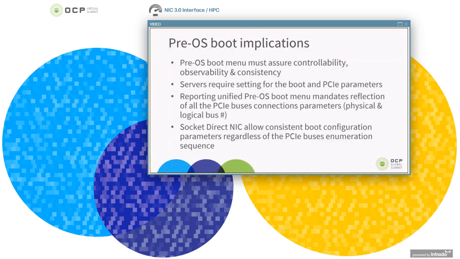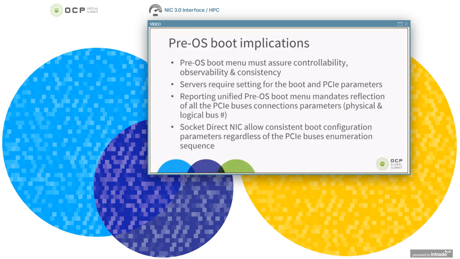Now, pre-OS implication is tricky when talking about the Socket Direct use case. From one side, you want coherent menus allowing you full controllability, observability and consistency of all the parameters. You want to see the same settings for the NIC ports, regardless of whether you are looking through one socket or the other.